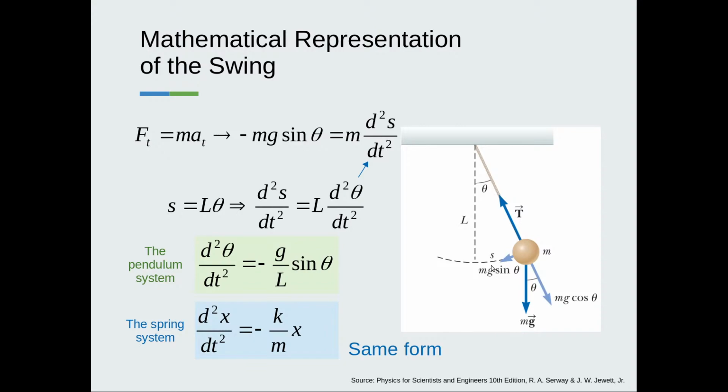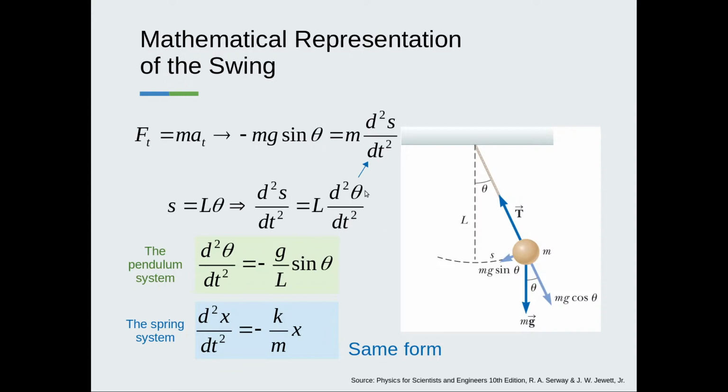And s, you can convert it into the length of your string multiplied by the angle theta. So s is equal to L theta, and the second derivative of s is L times the second derivative of theta, because L is not changing during the swing, and the only parameter we change is the angle. Okay, so that is why we have it.